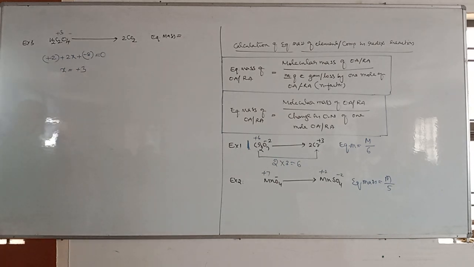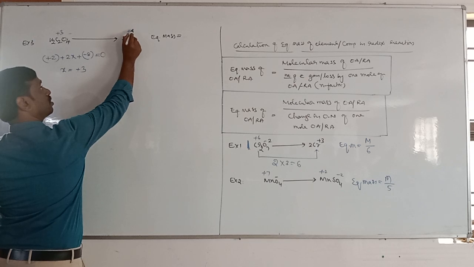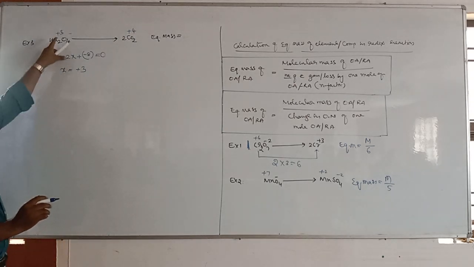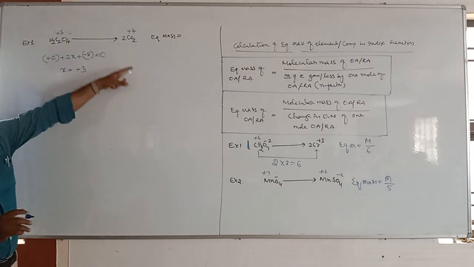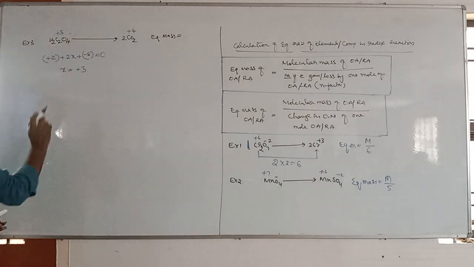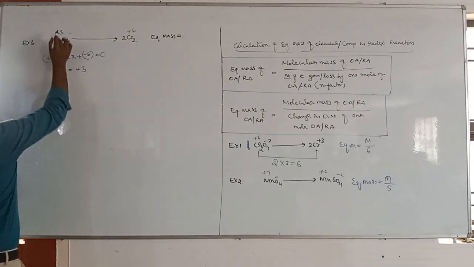Therefore, in this molecule carbon has plus 3. Now here carbon has plus 4. Plus 3 to plus 4. We want the change in OS. What is the change in OS?